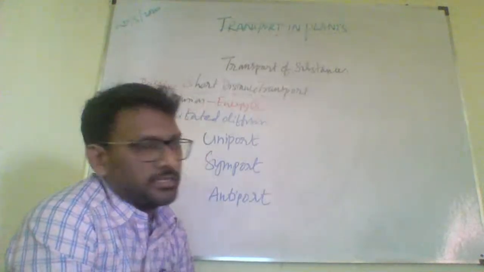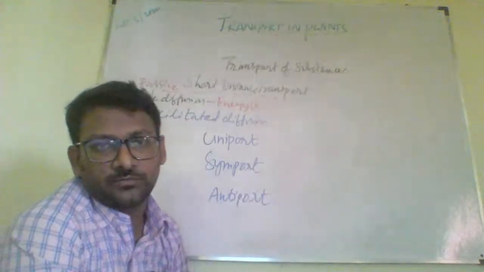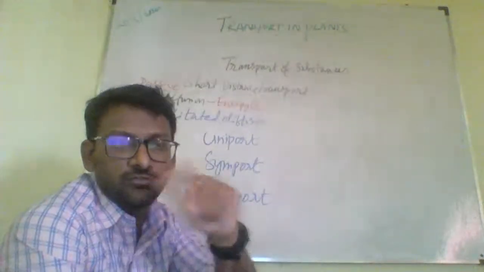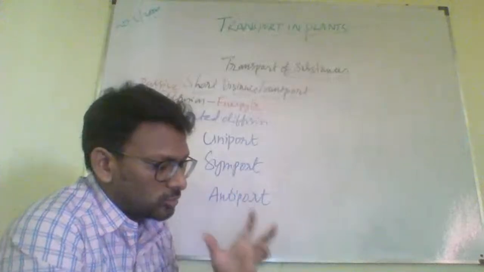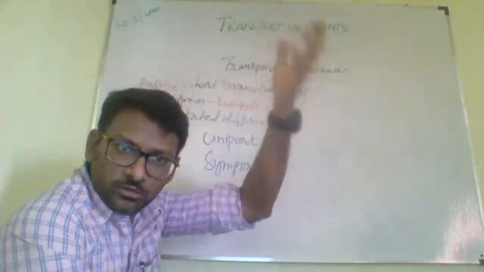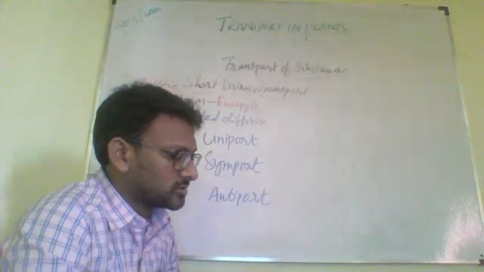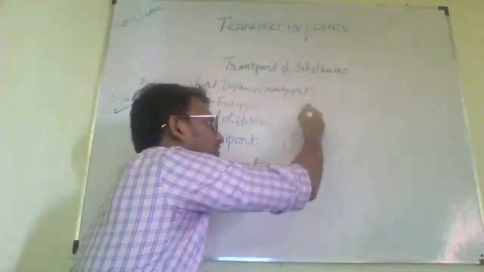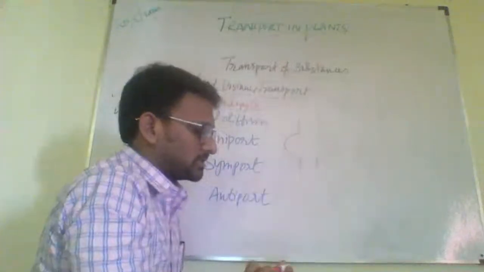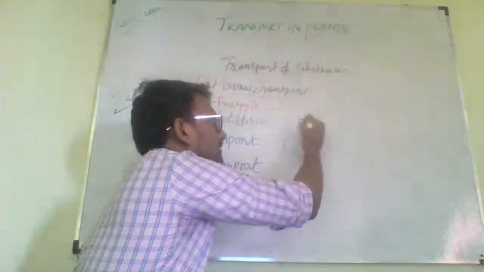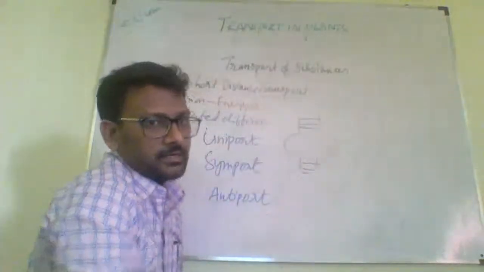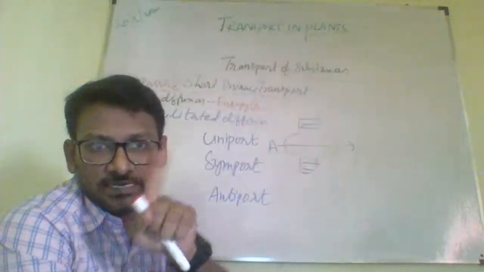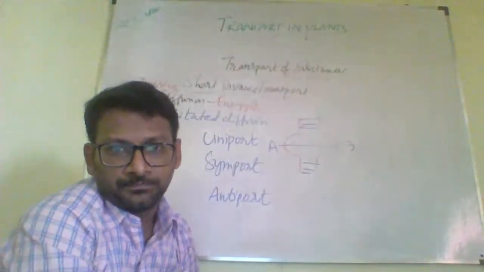What are the differences between these three? They may give statements regarding uniport and confuse you with different statements. So how do you remember? Uni means one, single. You'll find a single protein molecule across the membrane, the lipid membrane, and one type of molecule is transported in a single direction through the carrier protein.